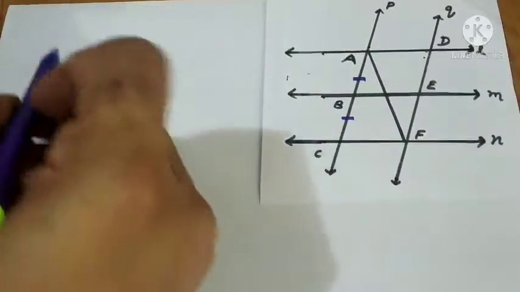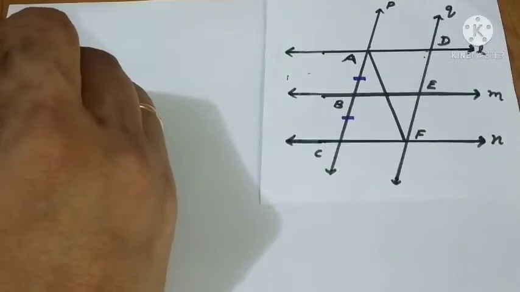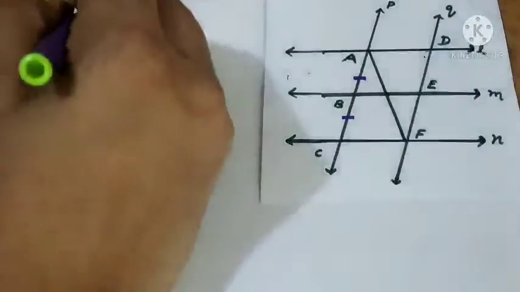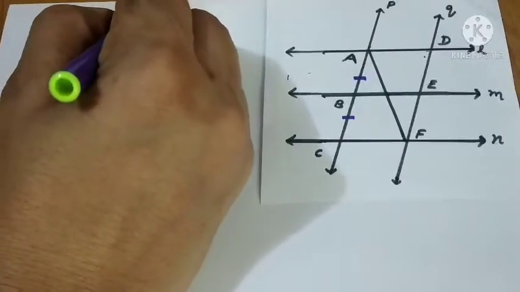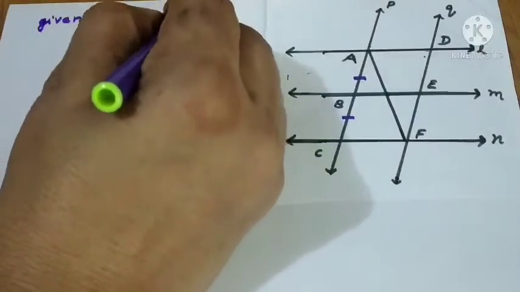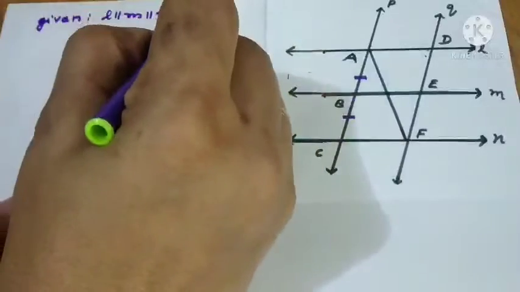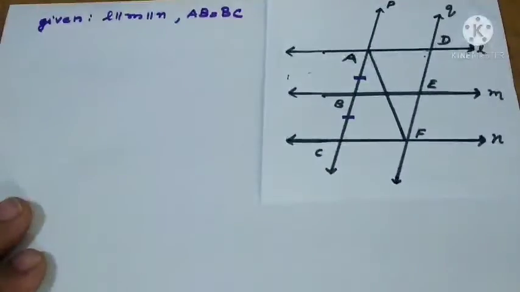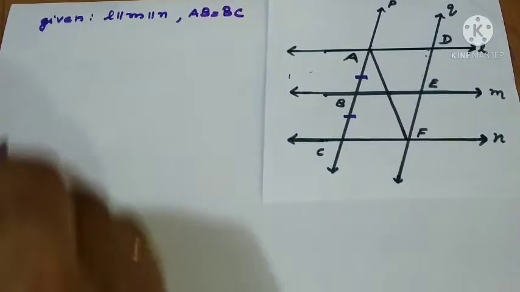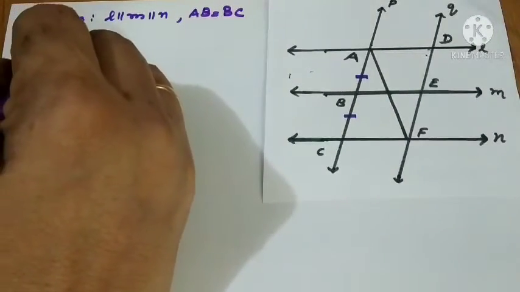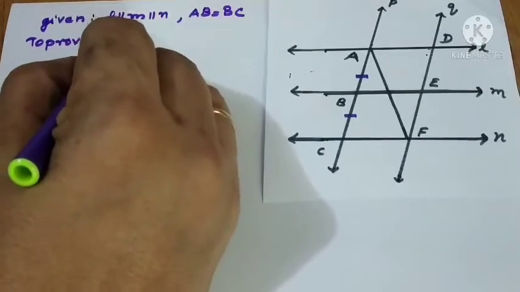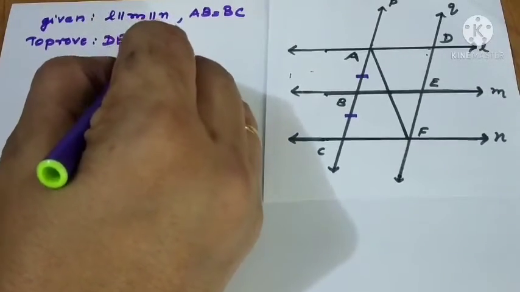So what is given in the question? L parallel to M parallel to N. AB equal to BC. To prove: DE equal to EF.